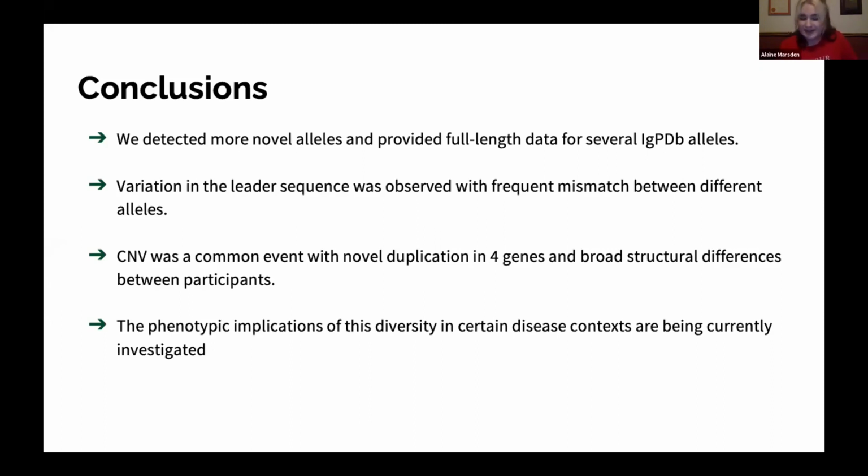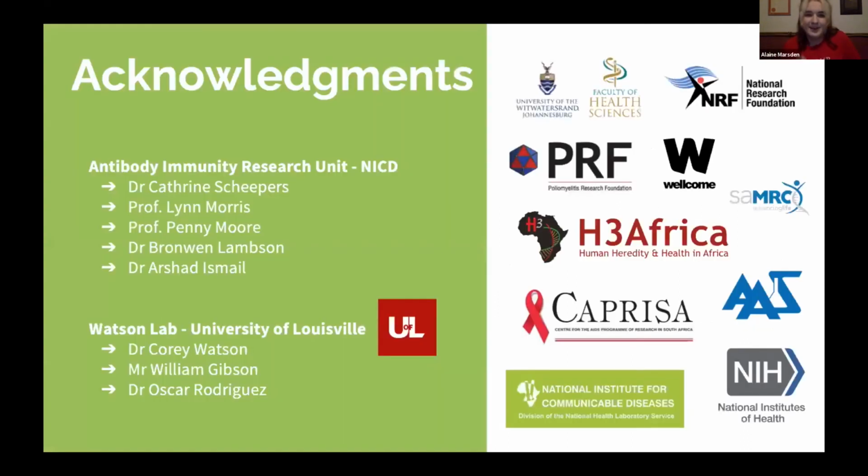We were also able to look at copy number variation and structural diversity and see that not only was duplication really common, but also there were these broad structural differences between just 2 individuals from this rather complicated population. So the phenotypic implications of this diversity are the next logical question, and we're already beginning to work on that within certain disease contexts like HIV to examine how polymorphisms may create differential immune responses. So thank you to all of our funders and to everyone that made this work possible.